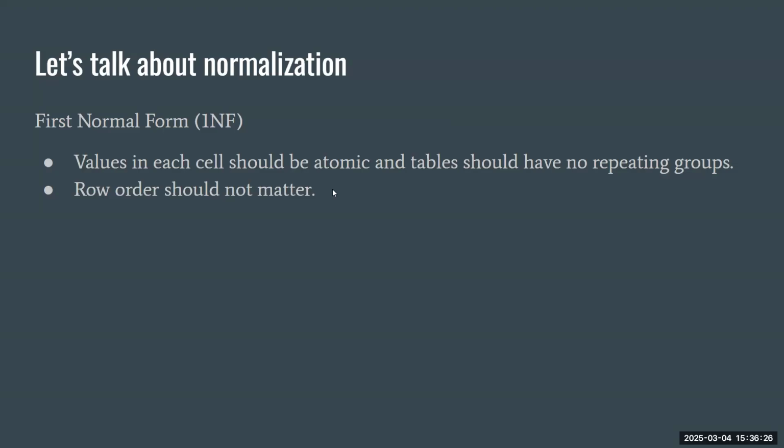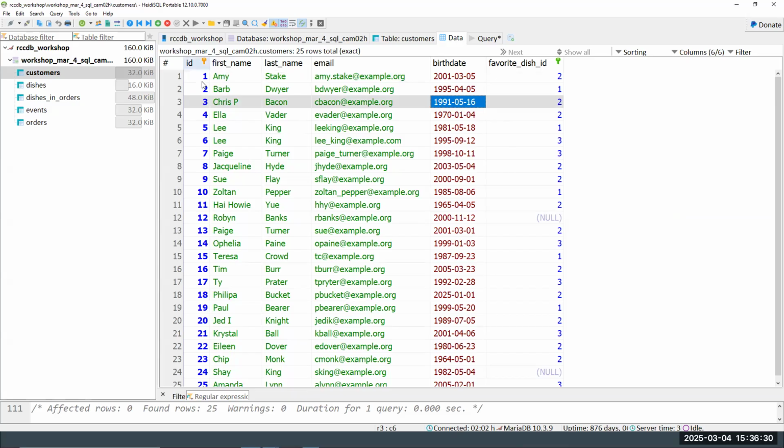And row order should not matter. Another way of saying this is that primary keys should be arbitrary values, because you're going to delete and add orders or customers or whatever data willy-nilly, and it should not matter what order the keys go in.